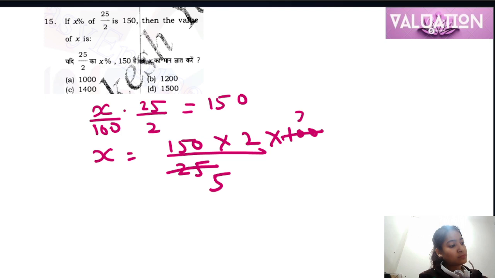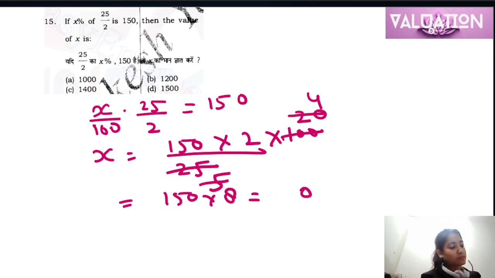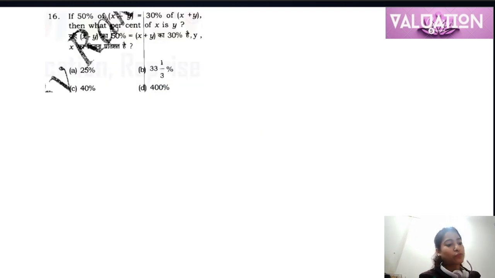Put 8. So the answer is B. Option B is the correct answer, 1200. Move to the next question.